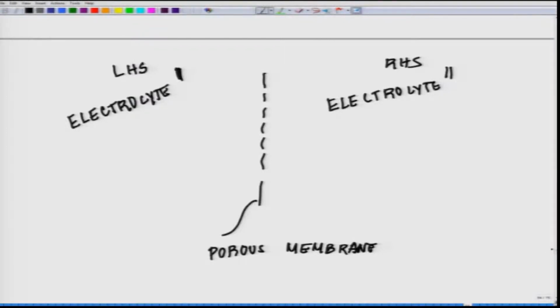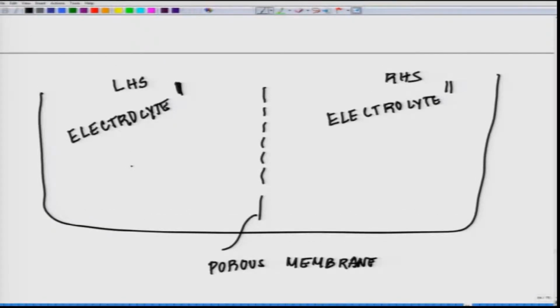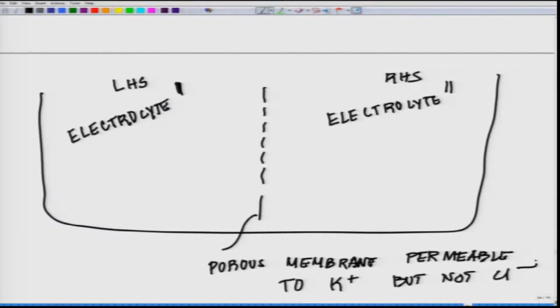Say, for example, I create something like this, with a porous membrane, and I say this porous membrane is permeable to potassium ions or cations, but not to chloride ions. Okay. This is a situation I am creating.